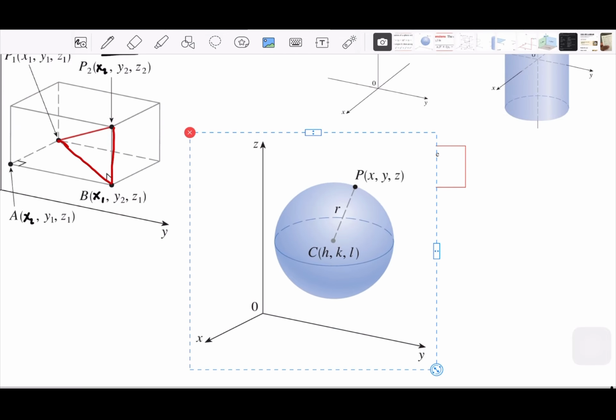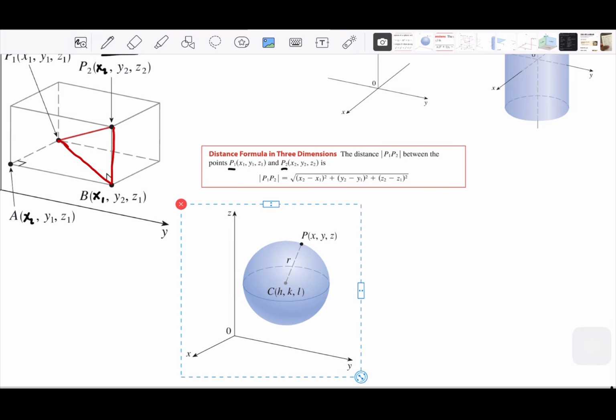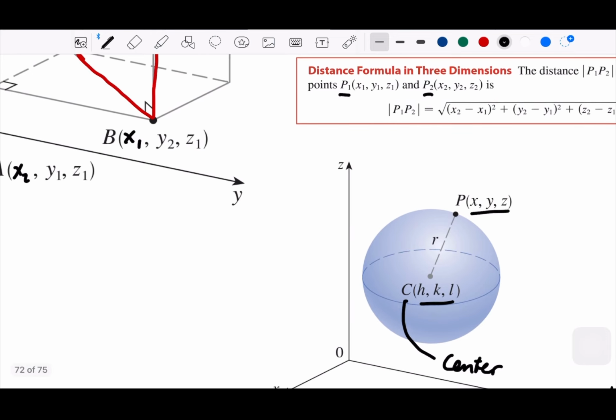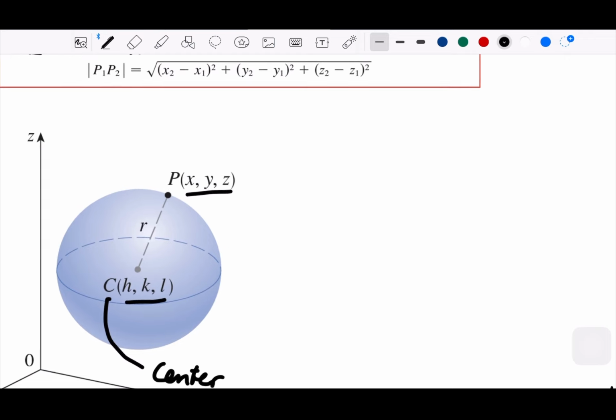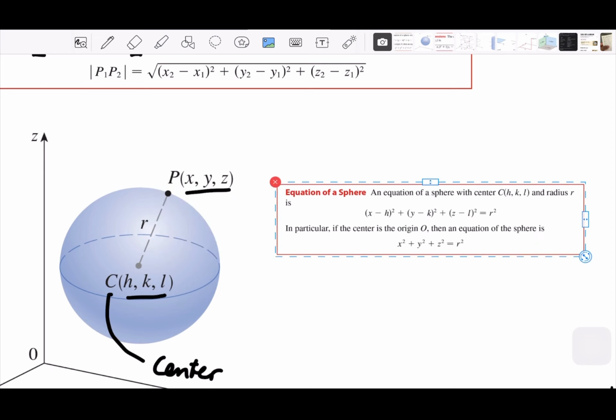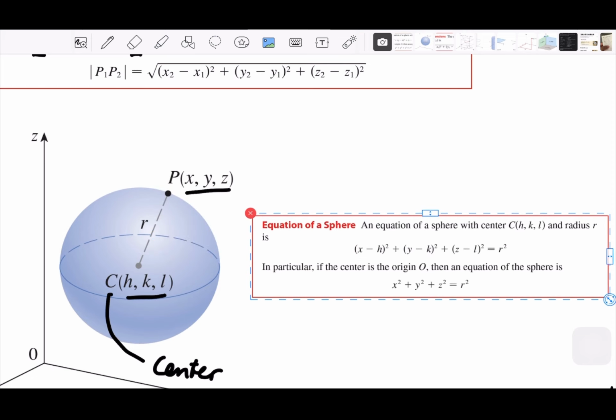Now with the same approach, we are going to take this sphere with x, y, z, and then h, k, l is the center of the sphere. So we can treat the center as our origin, right? So if we want to make this formulation, we can use our distance formula approach, and we can say that this is our sphere equation.